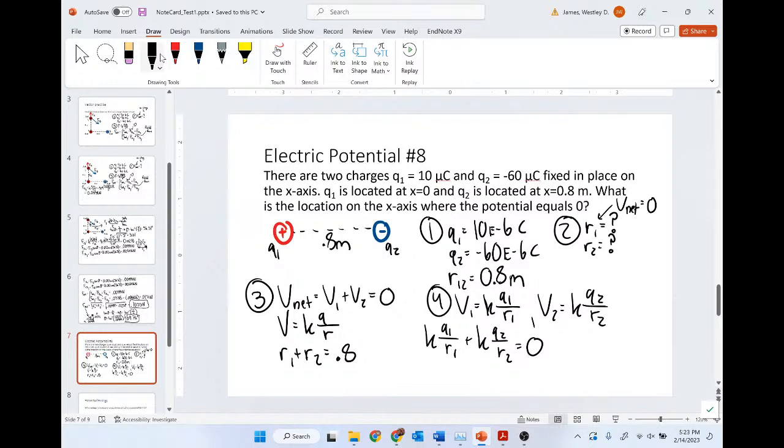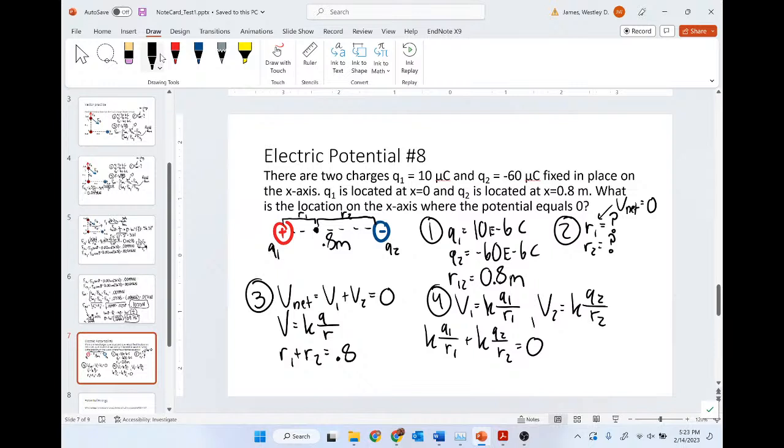We know the point's going to be somewhere in this thing. It's going to be somewhere closer to this. If this is R1 and this is R2, they have to add up to 0.8. This plus this is that. So we've used this strategy now like 3 times for 3 different problems.